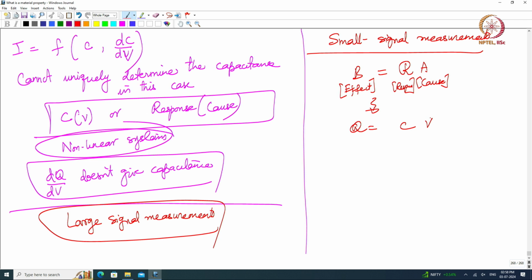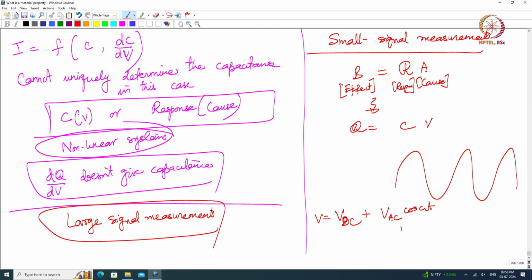Now what I do is, instead of wiggling the entire voltage in the form of a sinusoid, I am going to apply a DC bias. So, V equal to VDC plus a very small AC wiggling on top of the DC bias, VAC cos omega t.